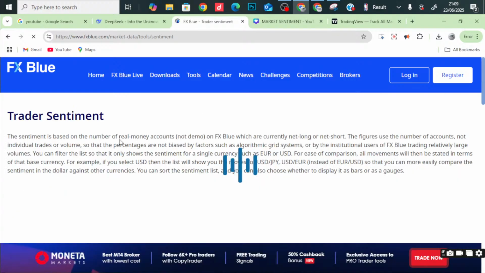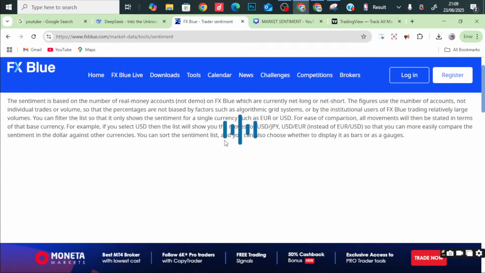The sentiments are based on the number of real money accounts which are currently net long or net short.